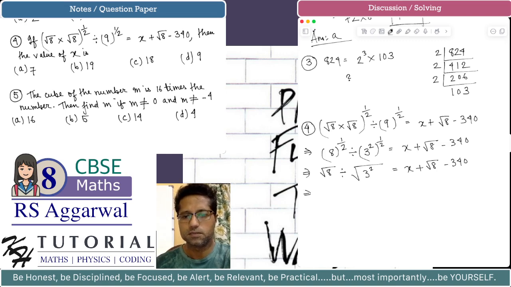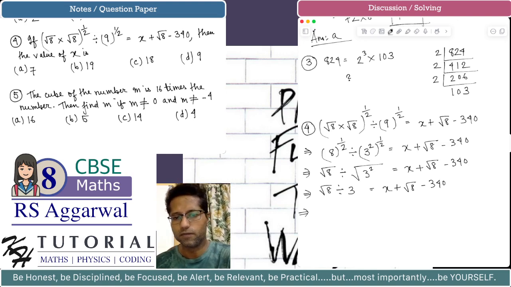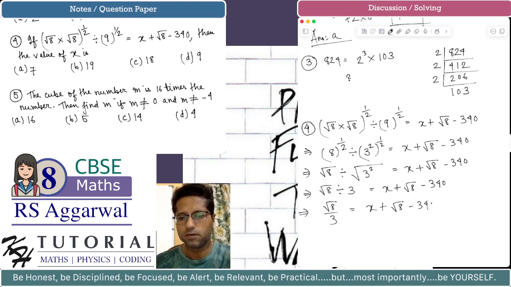So this implies root 8 divided by 3 square, square root of 3 square is 3, is equal to x plus root 8 minus 340. So this implies square root of 8 divided by 3 is equal to x plus root 8 minus 340.